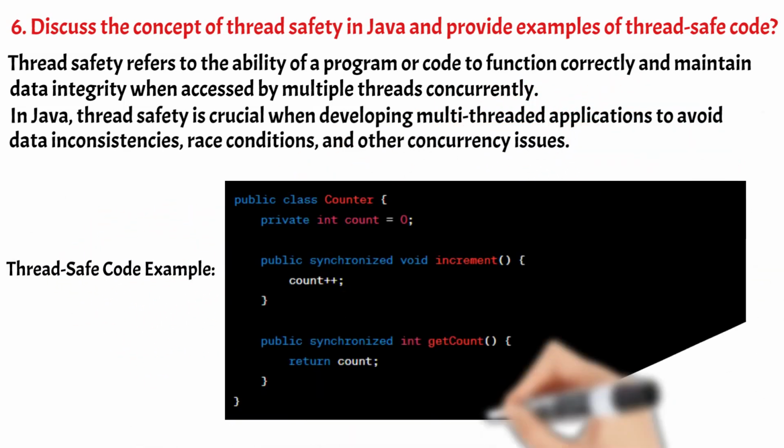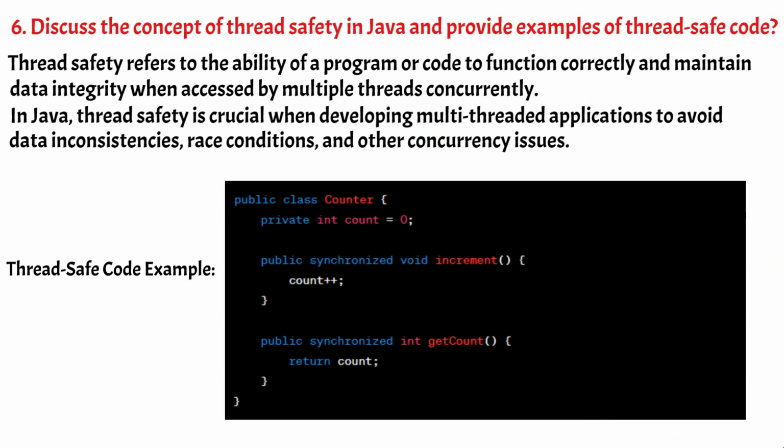Thread-safe code example. In this example, the Counter class uses the synchronized keyword to ensure that the increment and getCount methods are accessed by only one thread at a time. This guarantees the thread safety of the count variable, and concurrent access will not result in data inconsistencies.